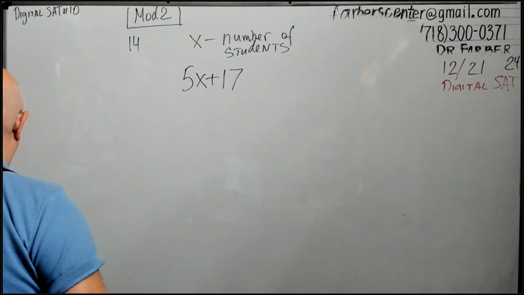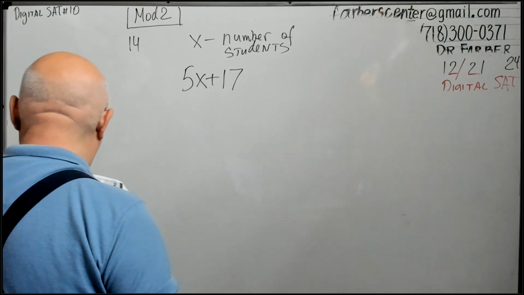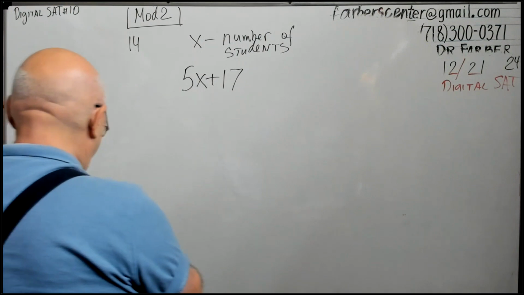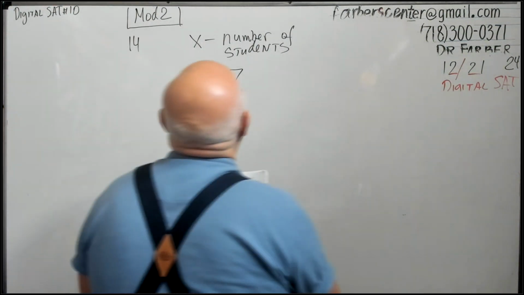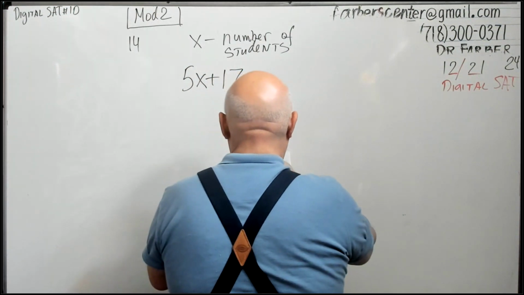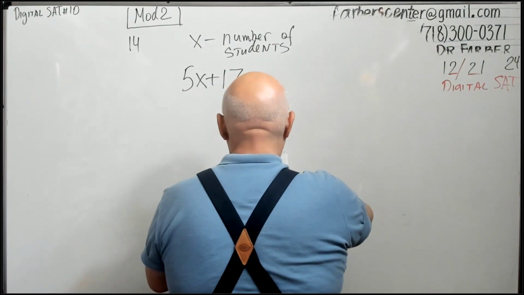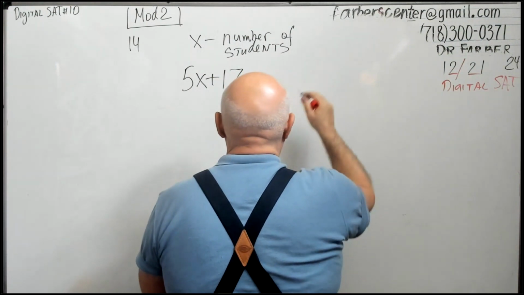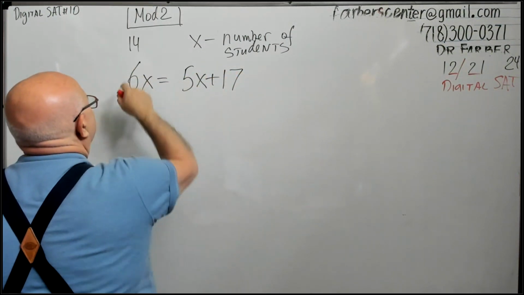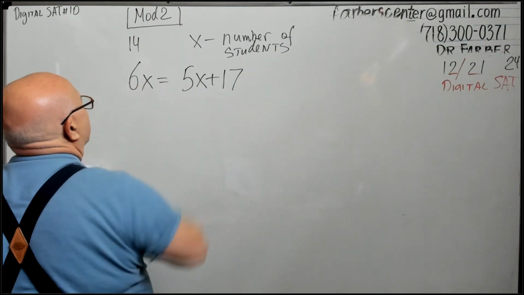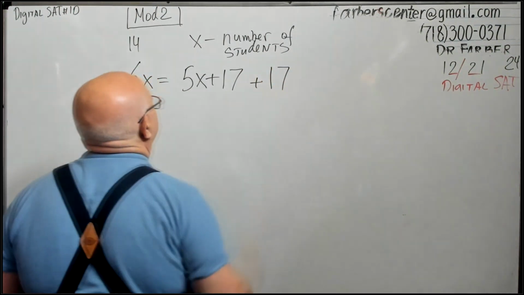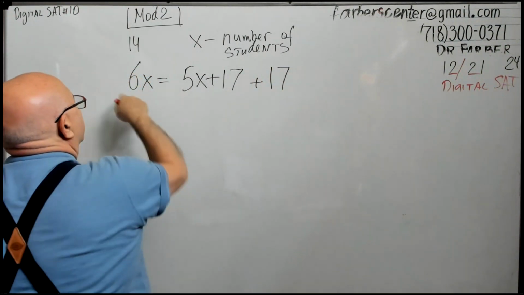And the second case is, however, if the teacher attempts to distribute 6 books to each student, there is a shortage of 17 books. So when it's 6 books, what do we have? It's smaller, right? So 6 books is not enough, because we have to add the shortage of 17 to make it balance: plus 17. Or you can write 6x - 17.